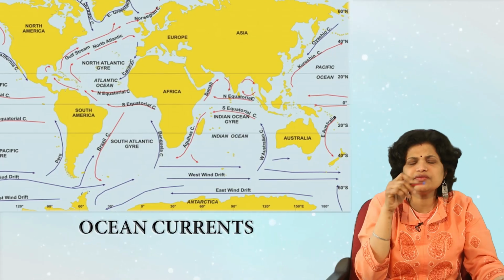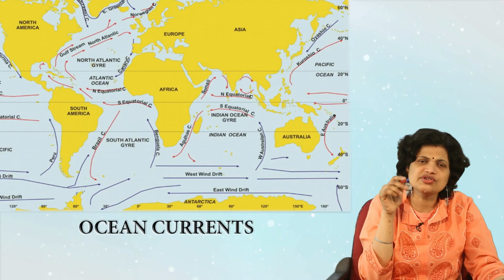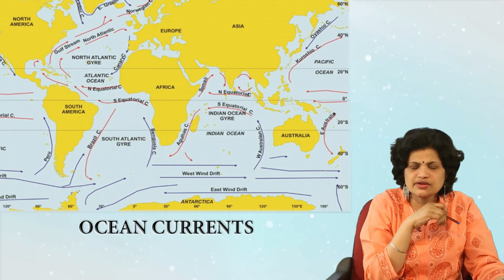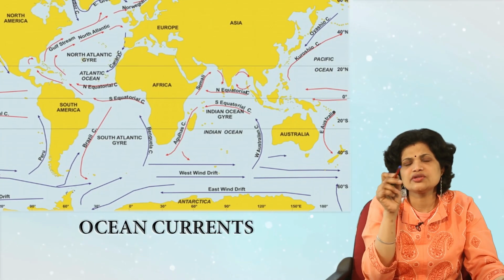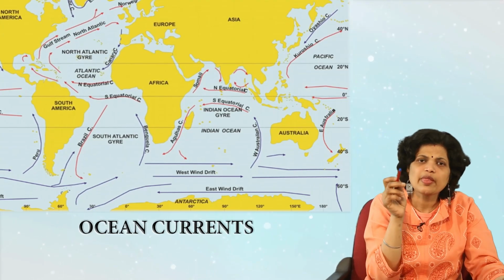So there is a very complex division of currents in the northern part of the Indian Ocean. The southern part is relatively similar to the rest of the oceans, where a proper gyre is formed because of the continuity of oceans in the southern part of the Indian Ocean.